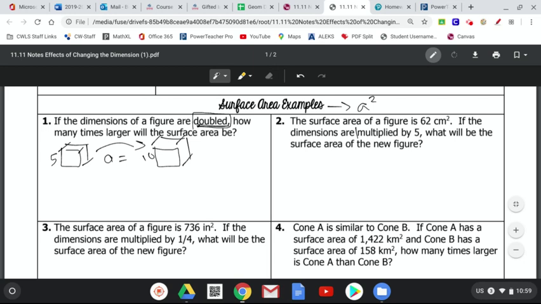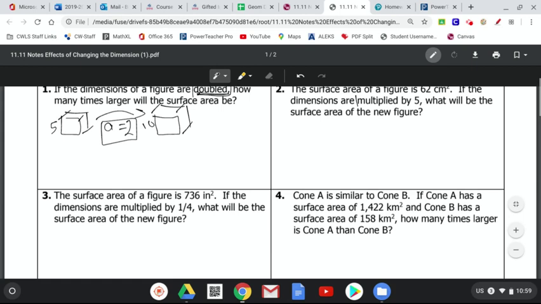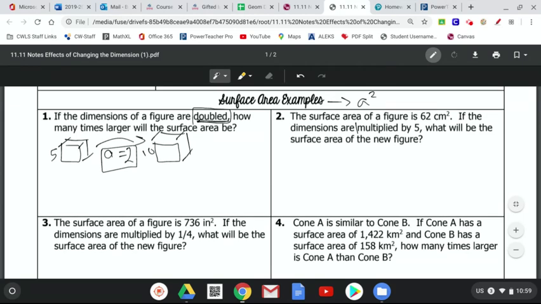So we know doubling means 2, so our a here is 2. That's the important thing. You've got to figure out what that scale factor is first. Now, we're doing a surface area example, and it says, how many times larger will the surface area be?